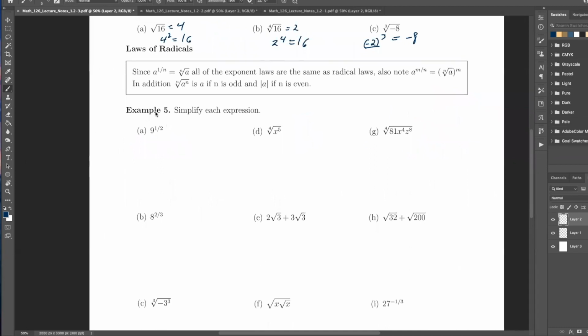So notice that if I write a to the 1 over n, that's the same thing as the nth root of a. Same for all radicals. It doesn't matter if you have the m on the outside or the inside, it ends up being functionally equivalent. I guess it's better to do it this way for a particular reason, which I'll leave out.